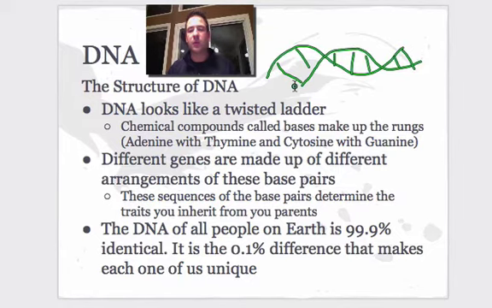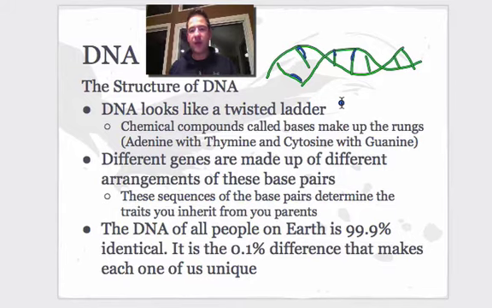But actually what's going to happen there is each one is going to have different arrangements and different nitrogen bases, and they're going to arrange differently and connect differently to give us various genes. But we'll dive into that a little bit later, but it looks like a twisted ladder.